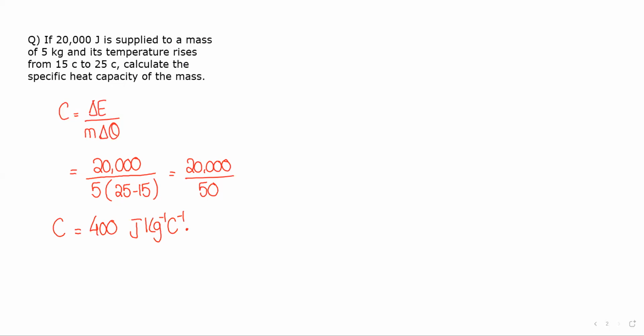Further, if we talk about some other processes, because initially we talked about thermal expansion, in thermal physics we also have melting, boiling, and evaporation.